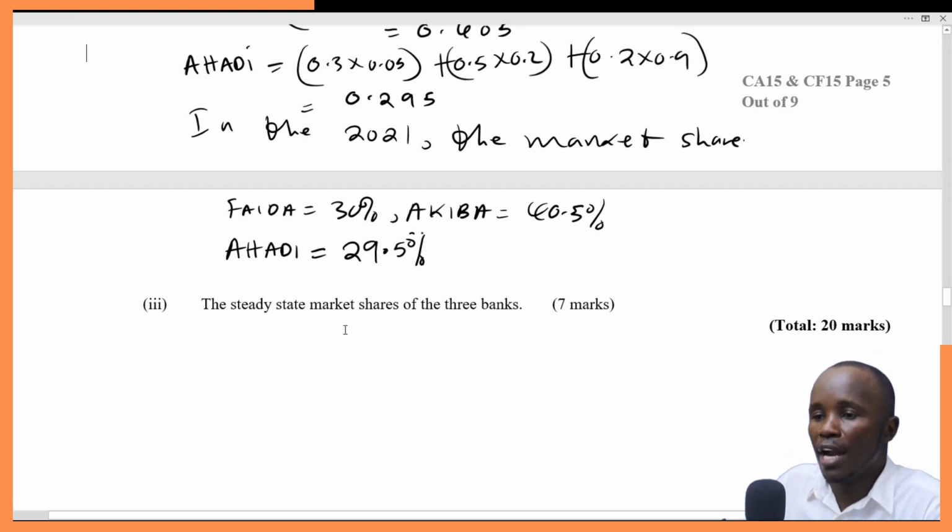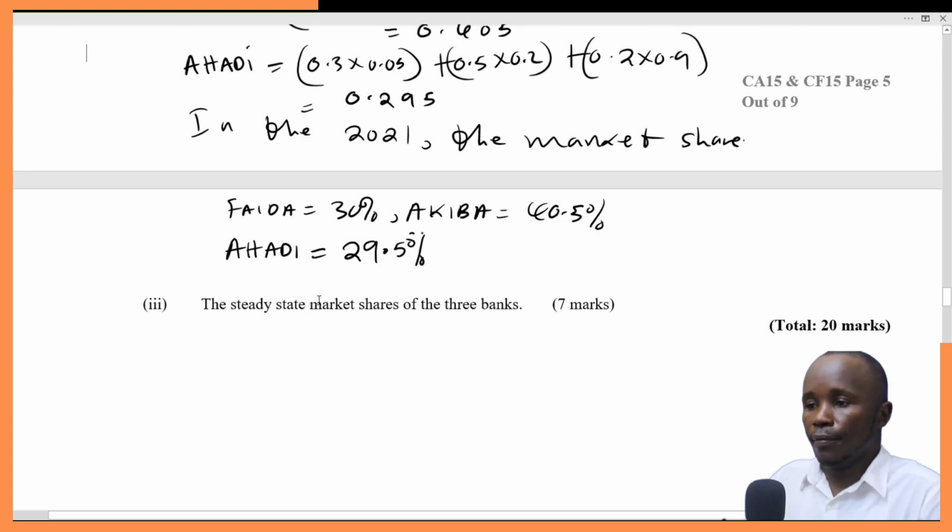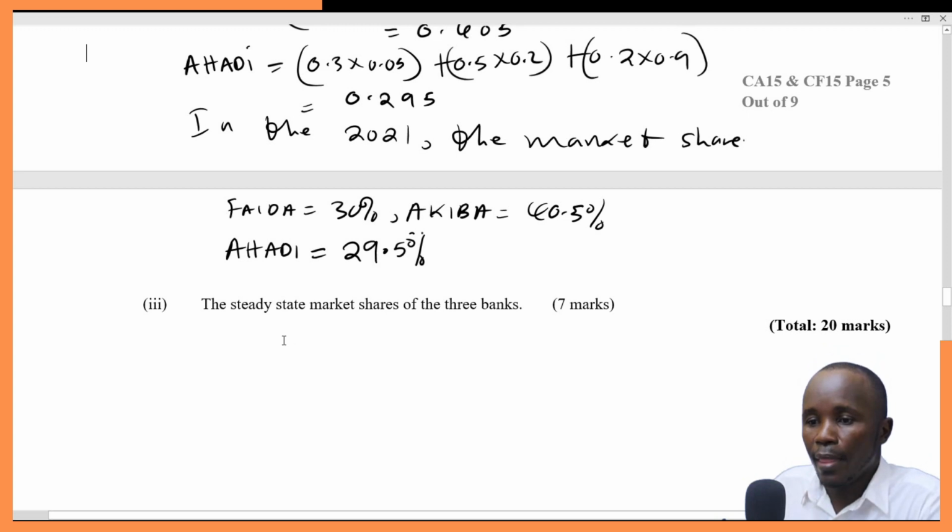When you add all these, they should give you 100%. At a steady state, there is no more movement of the customers, so we expect that the market share will not change.